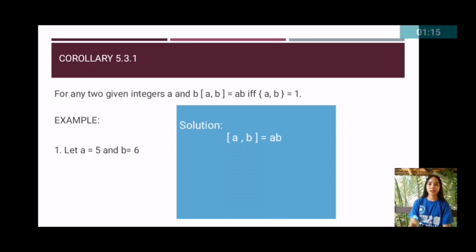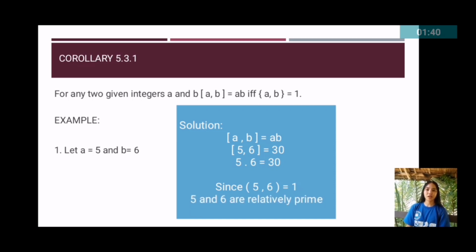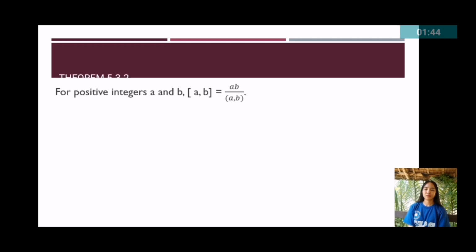Solution: the LCM of a and b is equal to ab. The value of a is 5 and the value of b is 6, so ab is 30. 5 times 6 is equal to 30. Since the GCD of 5 and 6 is equal to 1, 5 and 6 are relatively prime.